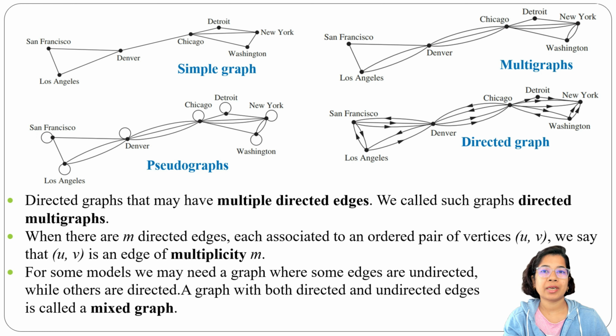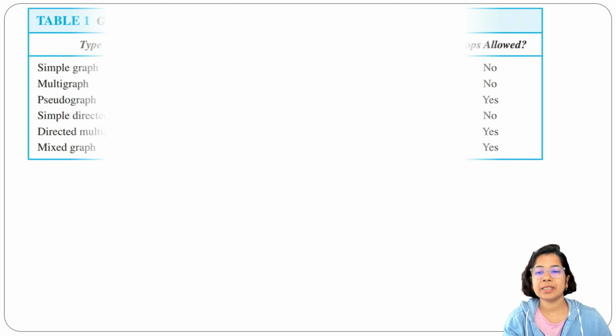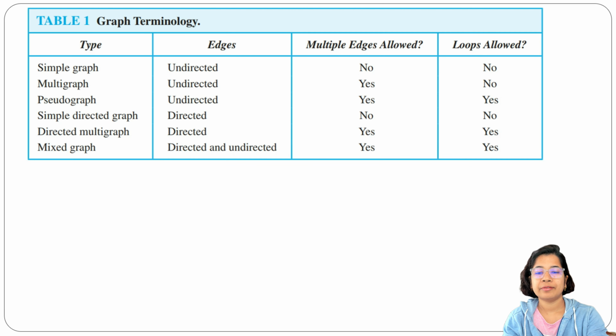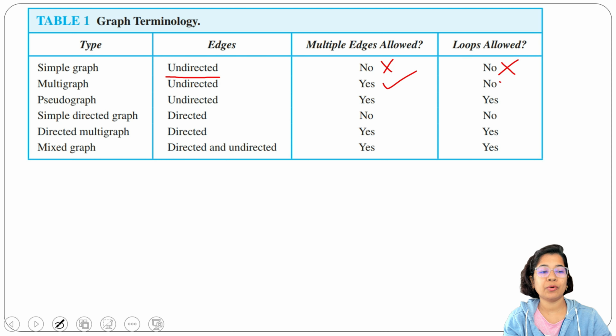So there are some graphs that have both directed and undirected edges that are called mixed graphs. Let's discuss what is the difference between these graphs. First is simple graph, edge is undirected, multiple edge allowed, no, loop allowed, no. Next is multigraph. In case of multigraph, multiple edges are allowed and loops are not allowed. Then is pseudograph. In pseudograph, both multiple edges and loops are allowed.